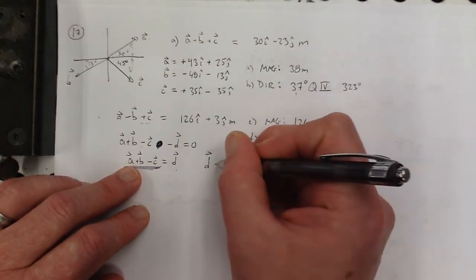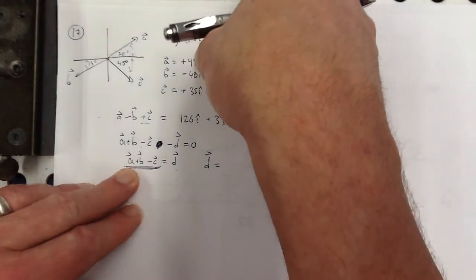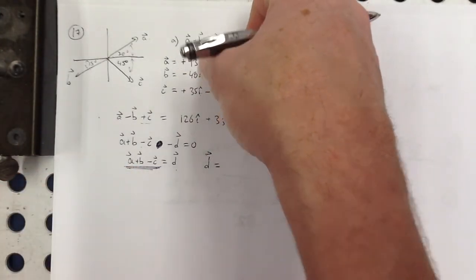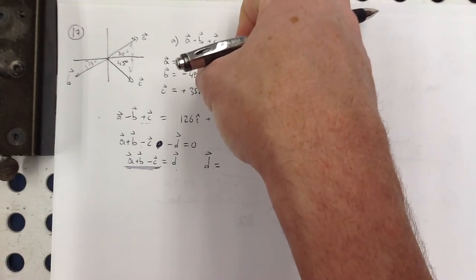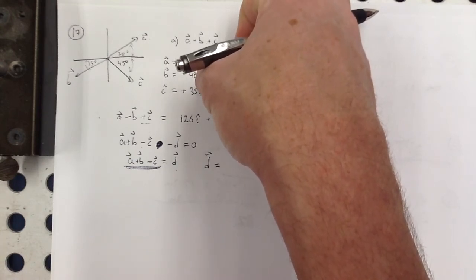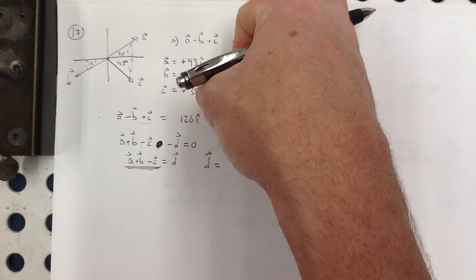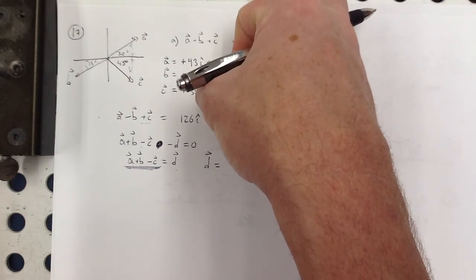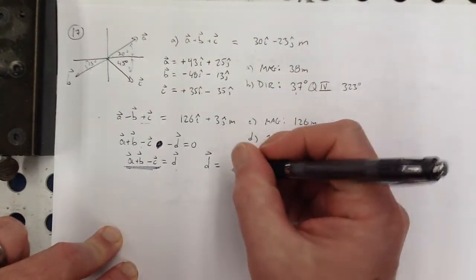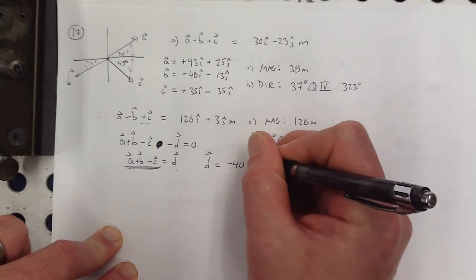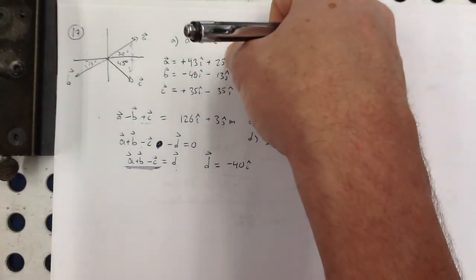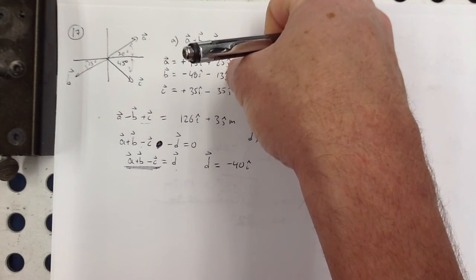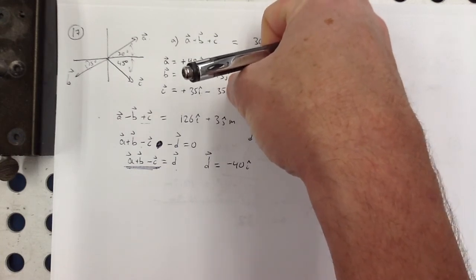Let's see. So vector d would have to be this plus this. That means not changing the sign. So 43 minus 48. This is the one we changed the sign of now. Minus 35. And then this and this just as is. And then this one we're changing the sign.